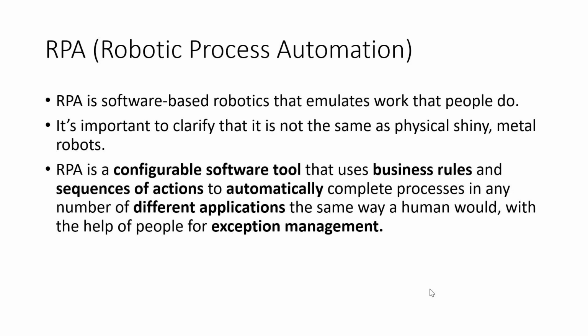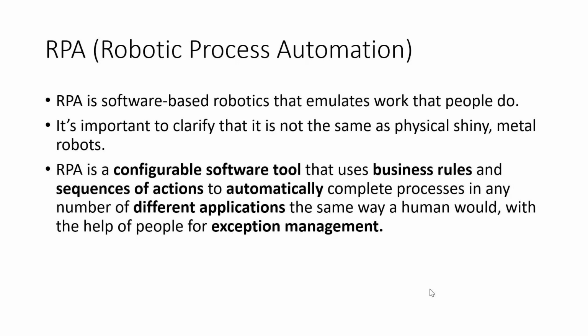And the sequence of actions. Sequence of actions means the steps, like step by step we build the workflow using various commands. Here the commands are called activities in UiPath. So we pull the sequence of activities and build the solution.